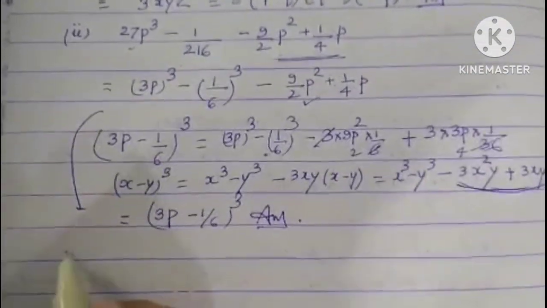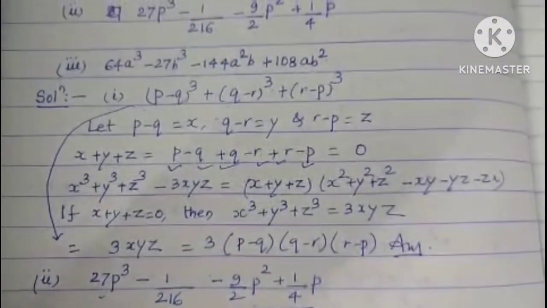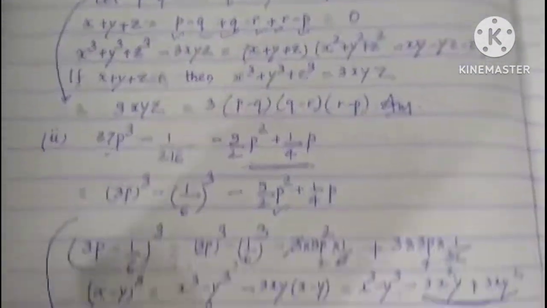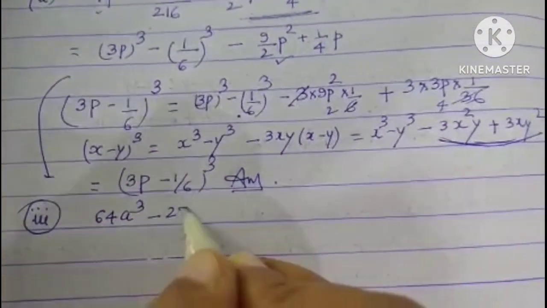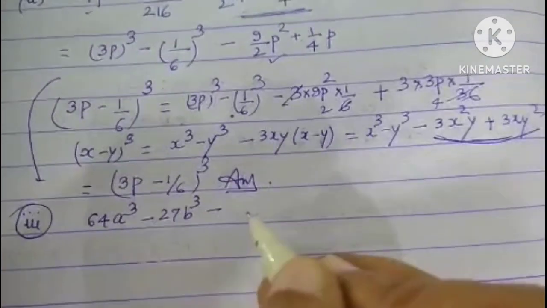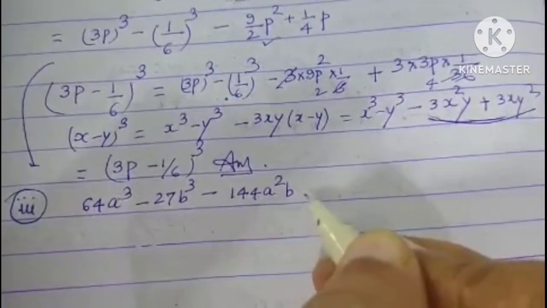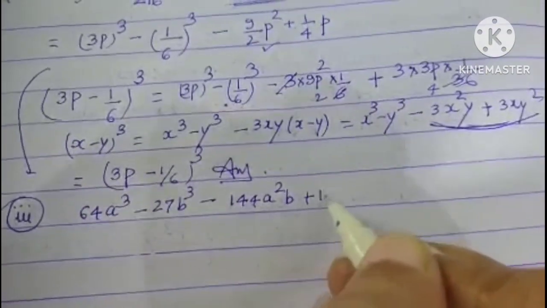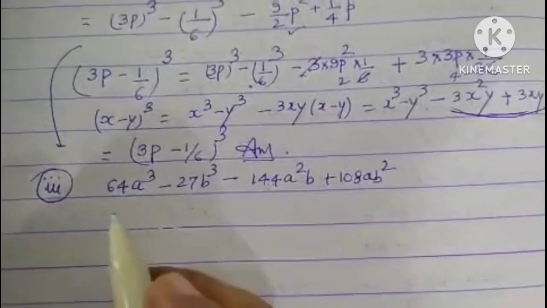Okay, let's see the third one. The third one is also of the same type. 64a cube minus 27b cube minus 144 a square b plus 108 a b square.